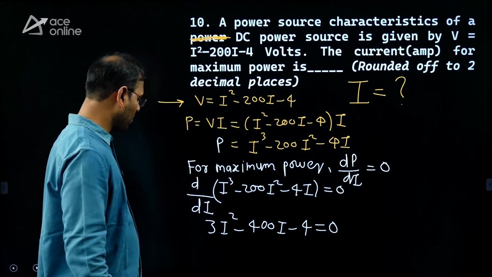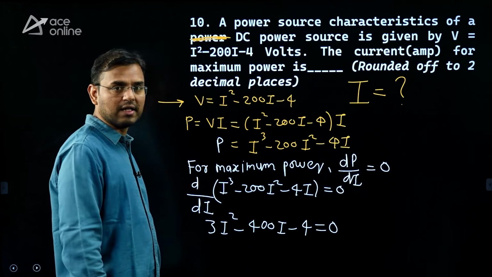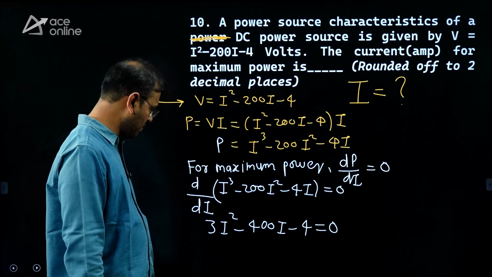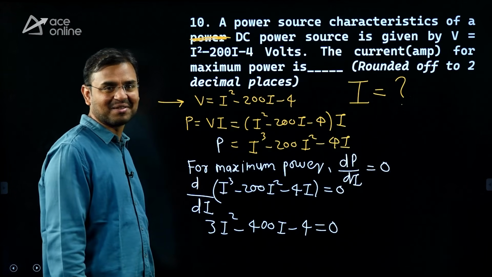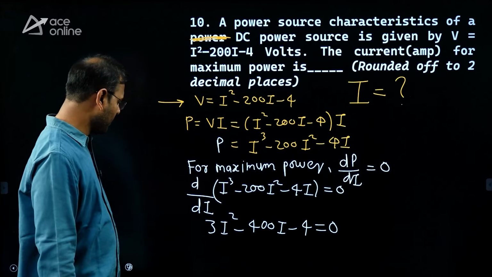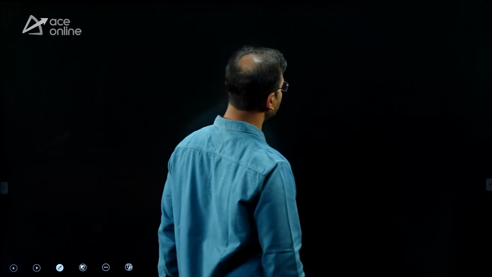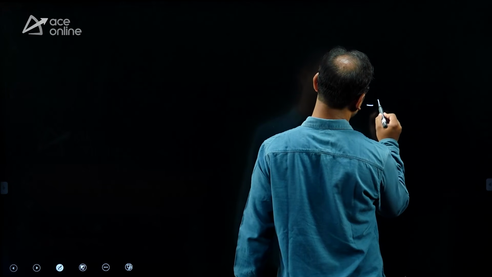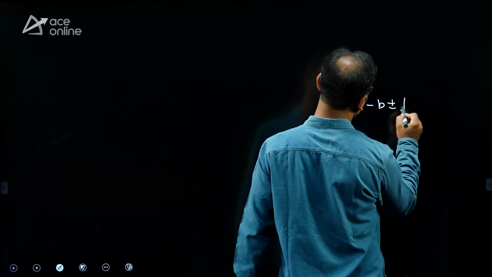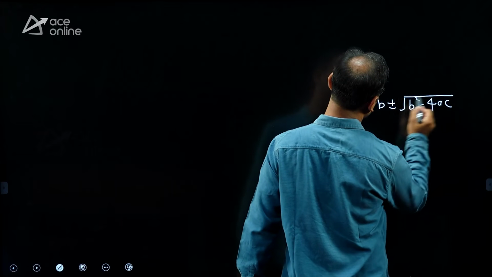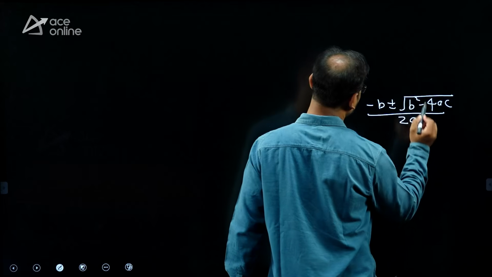Now guys, how to calculate the I now? This is known as the quadratic equation, and we have one favorite formula for the quadratic equation: I equals minus b plus or minus root of b square minus 4ac, divided by 2a.